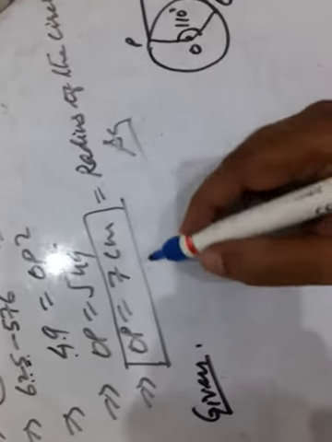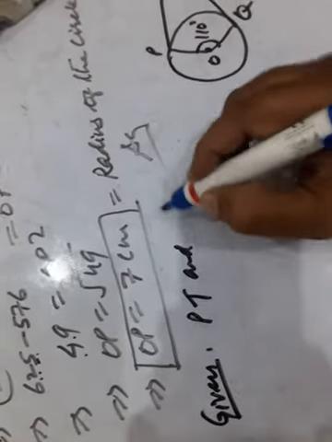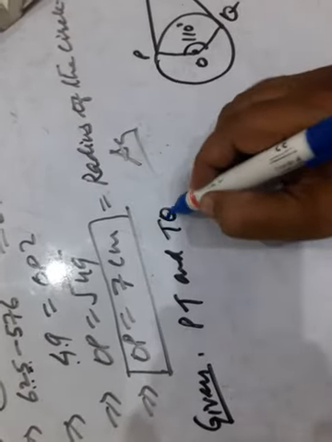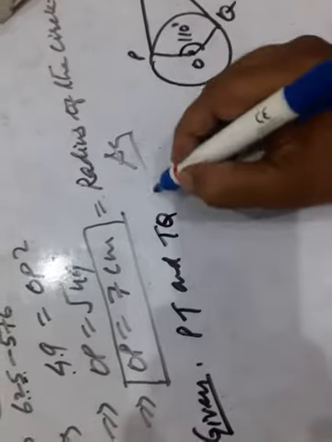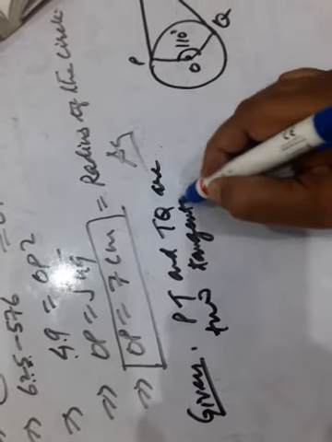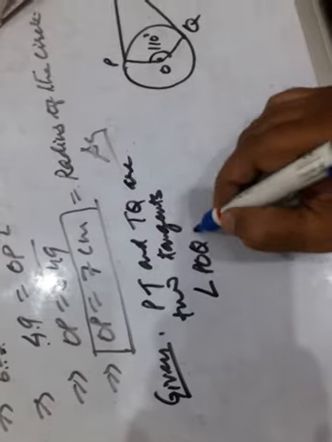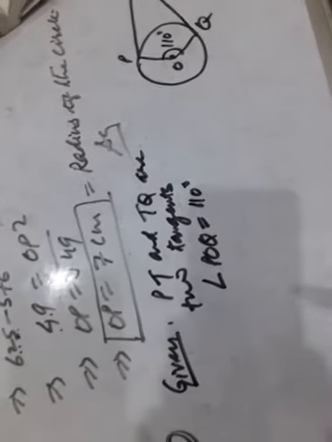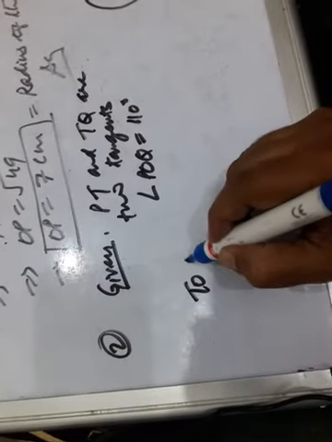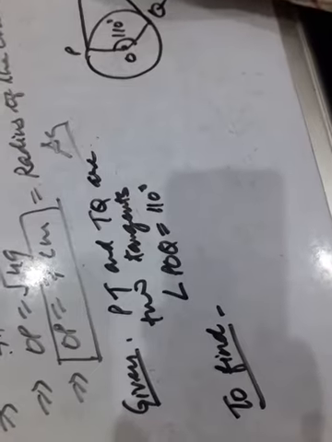What is given here? Two tangents are given, PT and TQ, and angle POQ equals 110 degrees. Then what we have to find out is angle PTQ, this angle here, right, children?